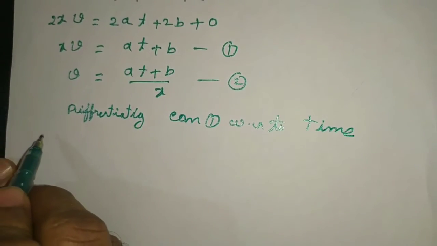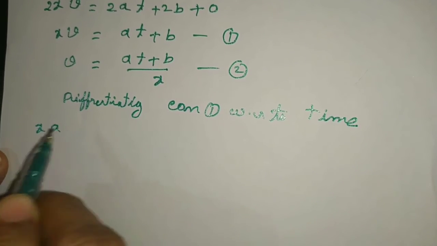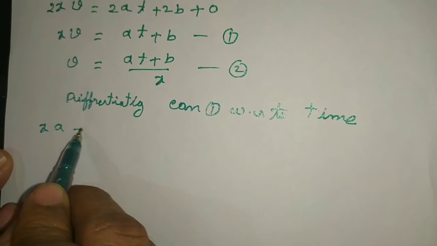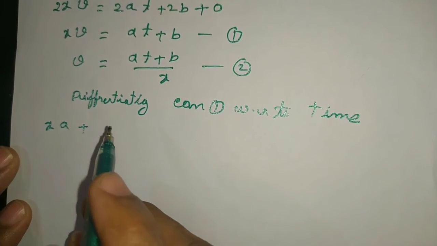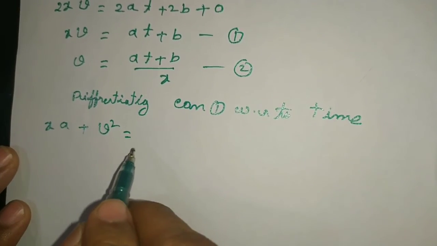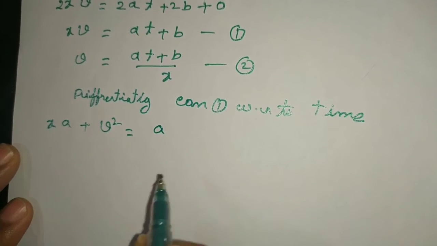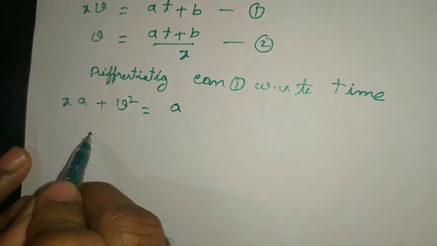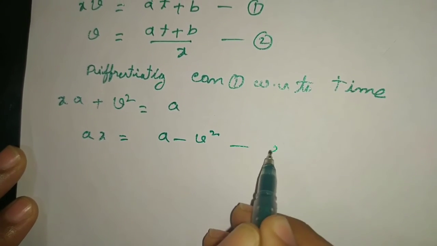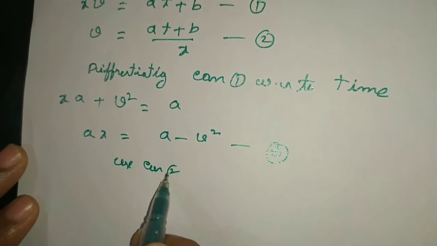Using the uv formula, x into dv by dt, that is a, plus v into dx by dt, that is v square, is equal to d by dt of a t plus b, which is a plus 0. From this, a x is equal to a minus v square. Let it be equation 3. Use equation 2 in 3.